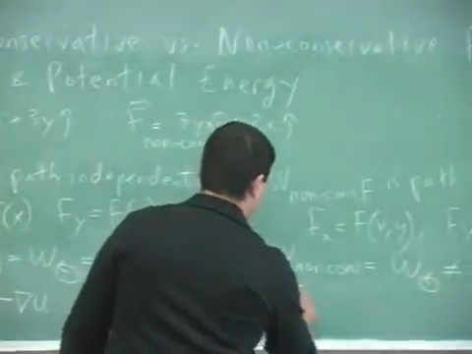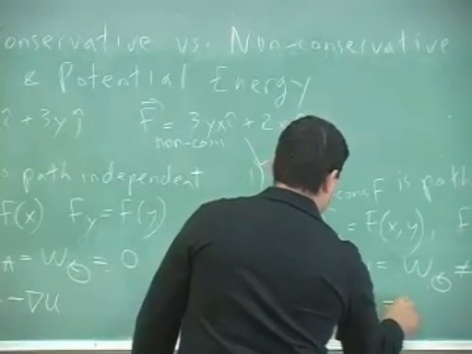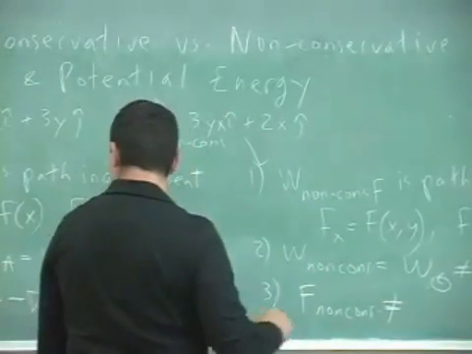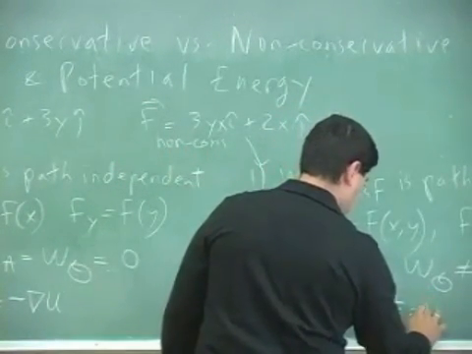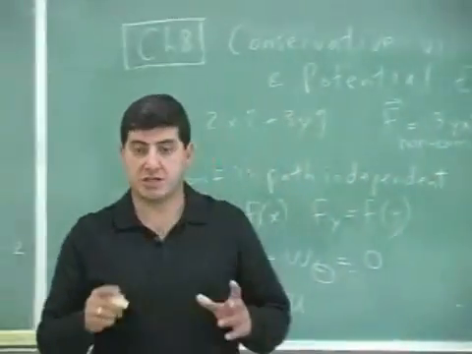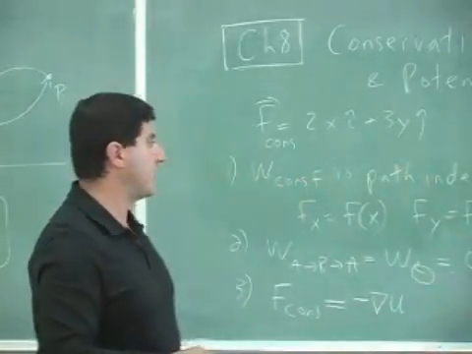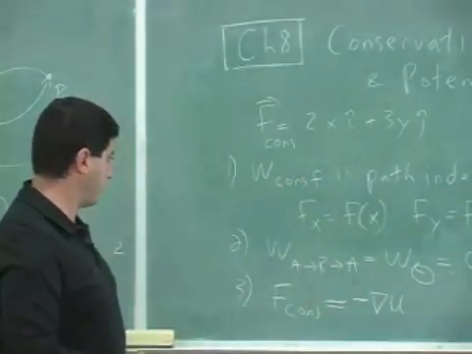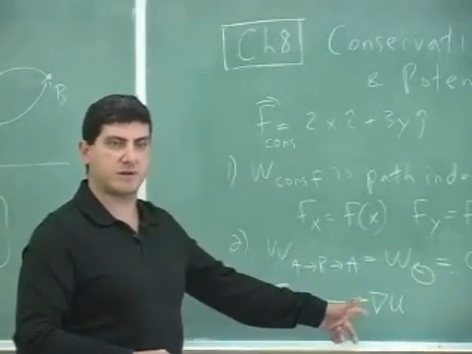So non-conservative forces are not equal to the negative gradient of another function. Non-conservative forces cannot be represented as the gradient of some function or the derivative of some function. Conservative forces can be represented as the derivative of some function.